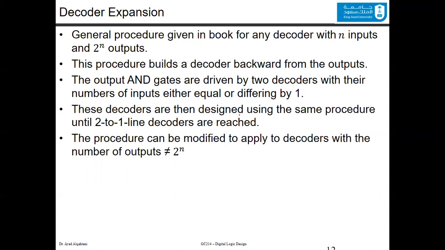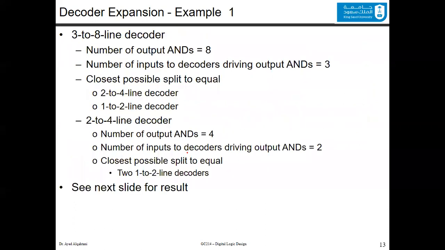These decoders are then designed using the same procedure until 2 to 1 line decoders are reached. The procedure can be modified to decoders with a number of outputs that is not equal to the upper bound, which is 2 to the power of n. This procedure is detailed in the book, but here we will give you some of the decoder expansions and how you manage it in an easier way.